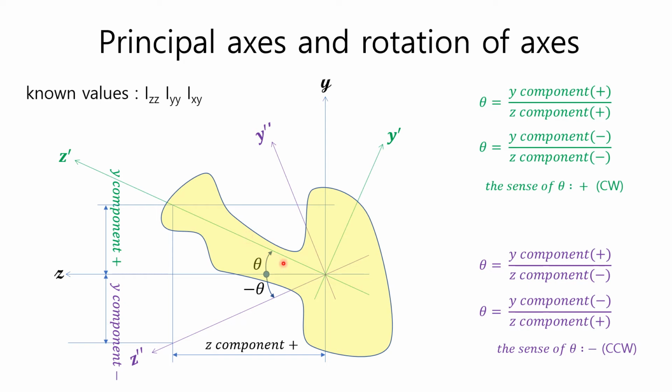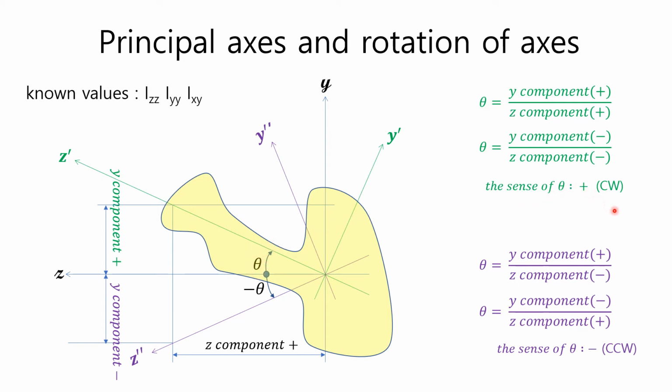The angle theta is defined as the y component divided by the z component. Therefore, if the signs of both components are plus or minus, the sign of theta is plus, like this. It means clockwise.